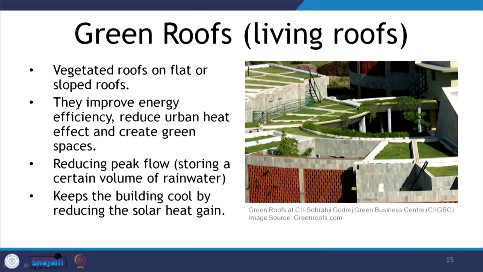Another important strategy is green roof. We have seen in the previous lecture that green roofs helped in reducing the amount of radiation which is absorbed by the hard surfaces, because the greenery on the roofs takes up all that solar radiation and heat to make their food and carry on with their processes like photosynthesis.